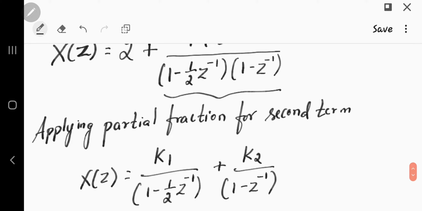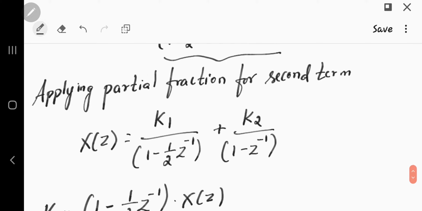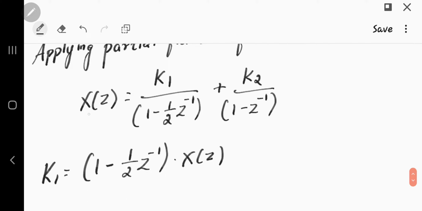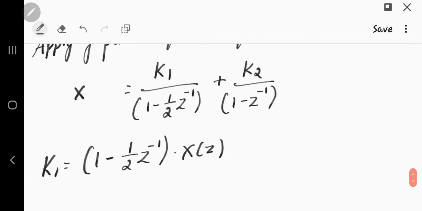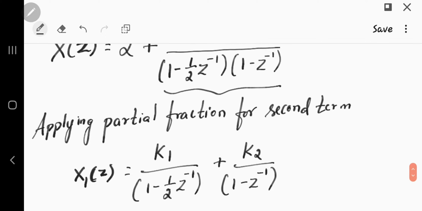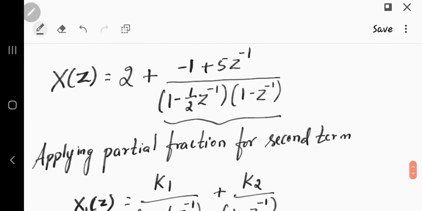To keep that simple and differentiate between these two, you can rename this as X1 of z, just to make it look different. So we denote this as X1 of z. That will avoid the confusion, because X of z means you have to consider the entire term, but if it is X1 of z, you just take the second term.